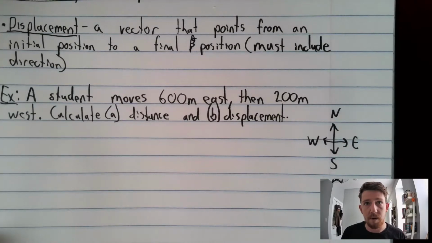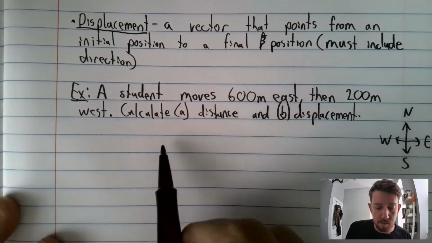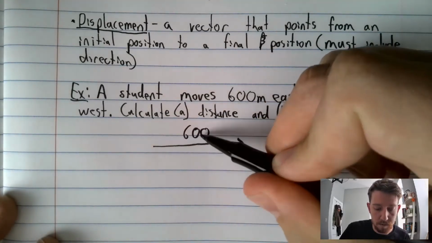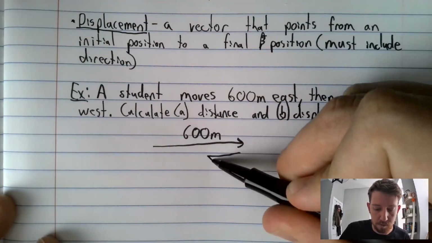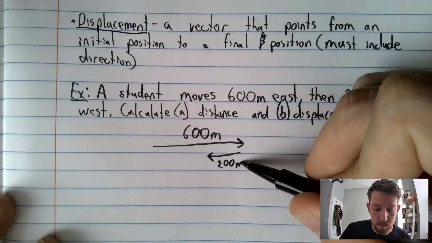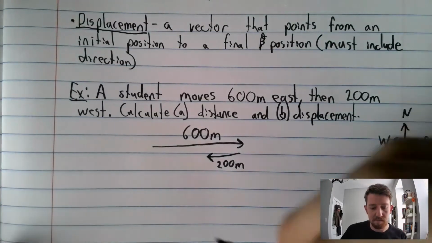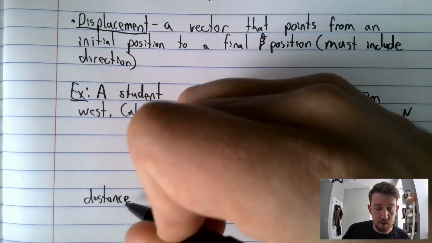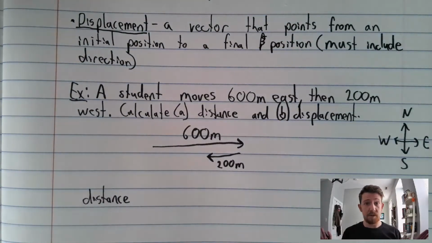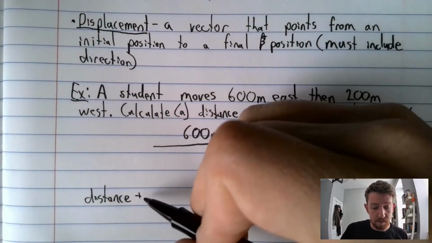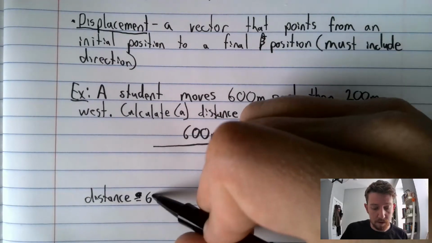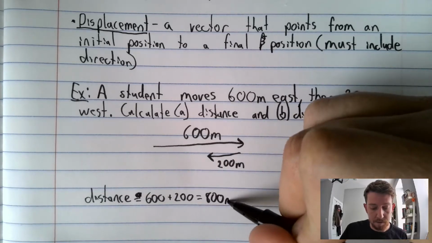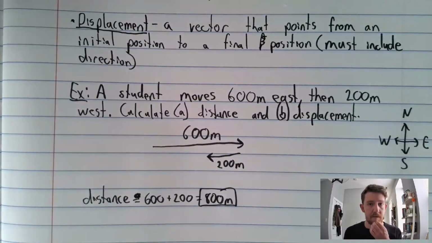So the person's going to go 600 meters east and 200 meters west. And I'll write down my distance. I know that one, I just add them up. Show your work, even though you're just adding two simple numbers. Distance equals 600 plus 200, that's going to be 800 meters. Bam, got half my problem done.